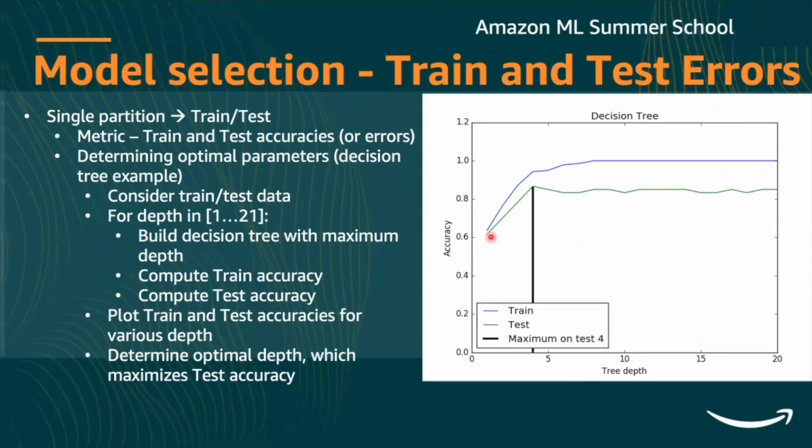For one depth, the accuracy is 0.6. For depth 4, it's 0.9, and so on and so forth. And after this, the accuracy does not change much. So ideally, you would select this model as your best model because the train and test curves follow similar trends, and the best accuracy on the test you get here at 4.